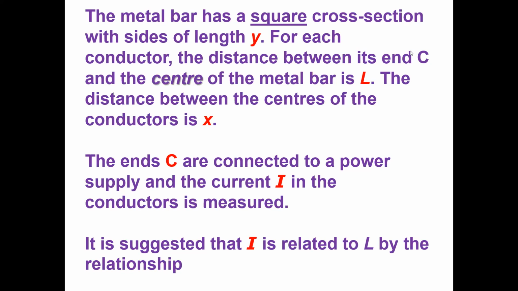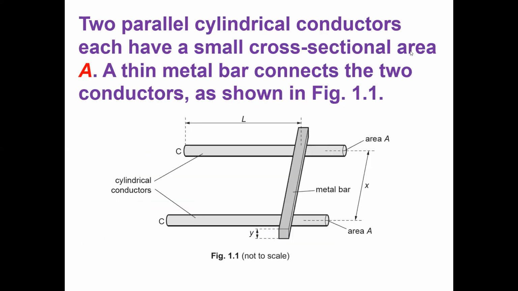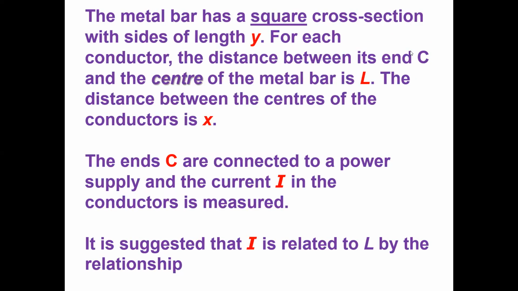The metal bar has a square cross-section with sides of length y. For each conductor, the distance between its end C and the center of the metal bar is L. The distance between the centers of the conductors is x. Look at this x.